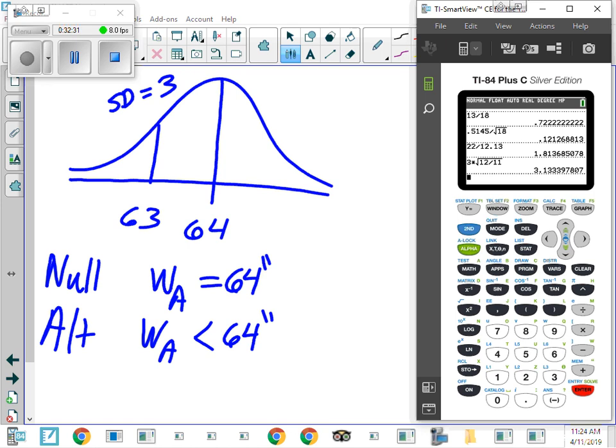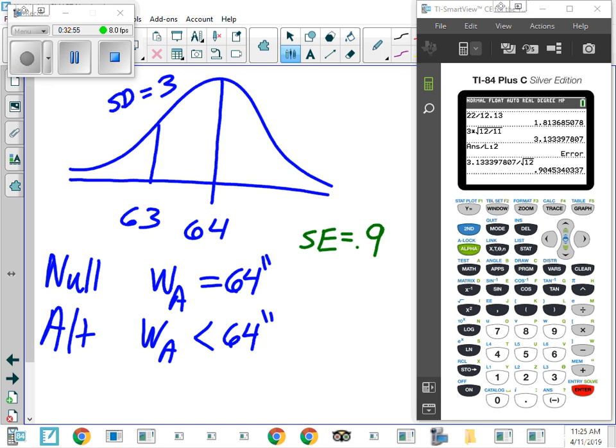So I need to divide this by the square root of 12 to get my SE. So this number here divided by the square root of 12. So my SE is 0.9.